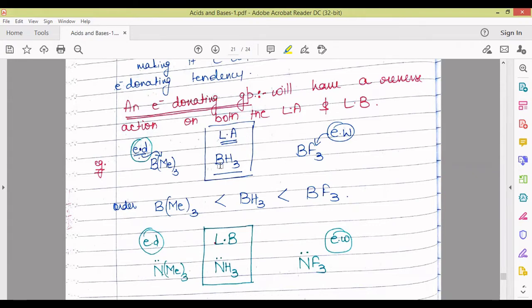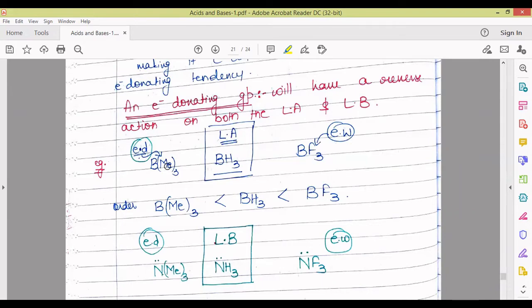Here this is the Lewis acid BH3, which is also called borane. On the left side, the hydrogen atoms have been replaced with three methyl groups, that is, electron donating groups. And here the three hydrogens have been replaced with fluorine, that is, electron withdrawing groups.